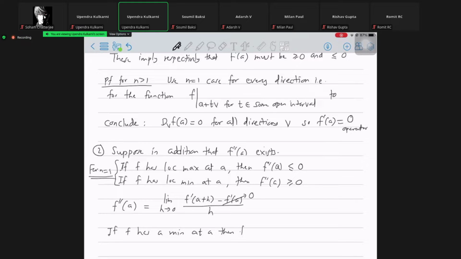That for small h, for h less than delta, greater than 0, I have that f of a plus h is greater than f of a. So what does the mean value theorem tell me when I apply it to the window from a to a plus h?